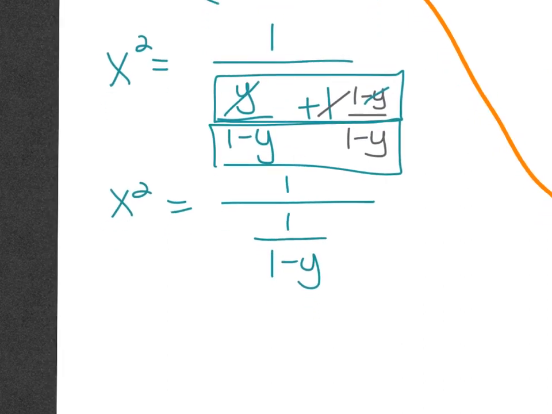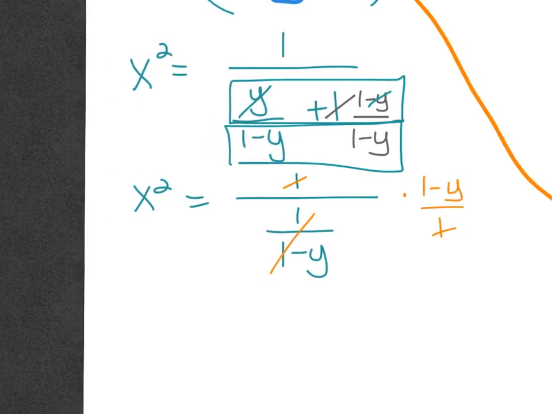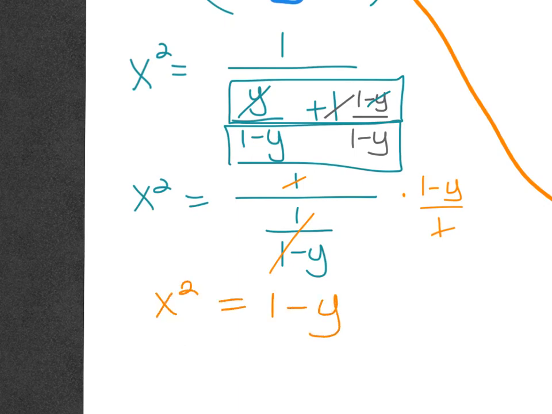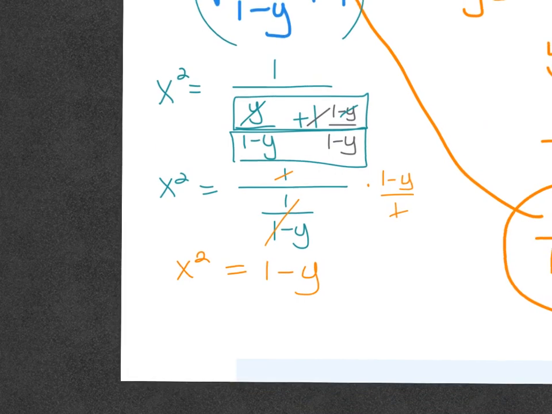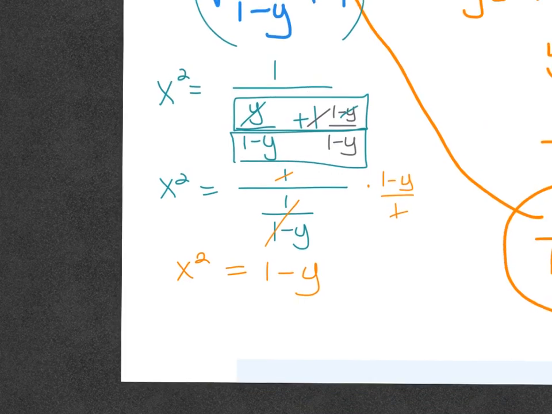And then I'm dividing by a fraction, so I'm going to flip. So this is gone. And the 1's cancel, not that it matters, but it would be 1 either way. Equals 1 minus y. Now again, it's a parabola, right? It's almost in standard form. I would just have to switch the order here and take off that negative 1 because y has to be by itself.